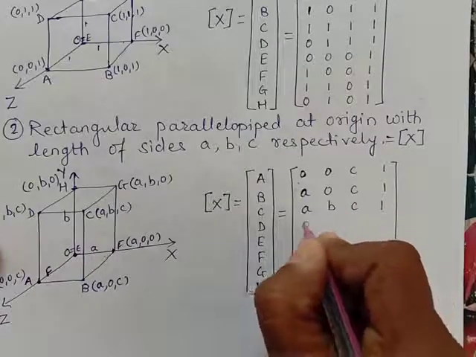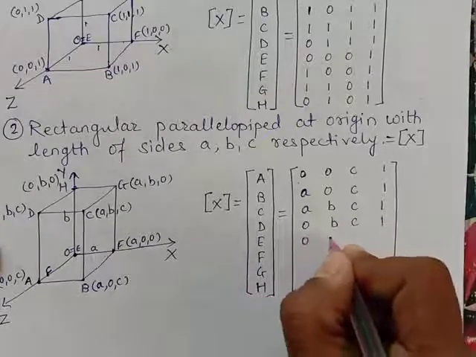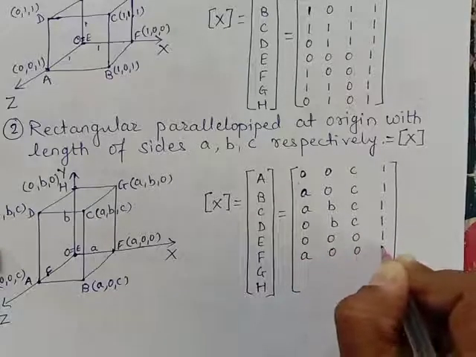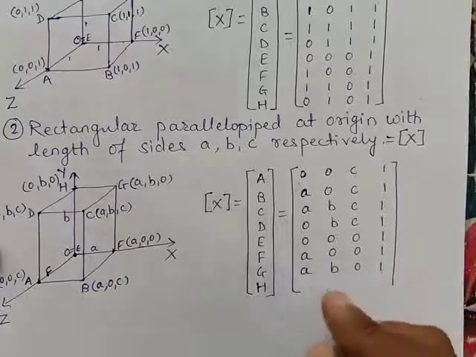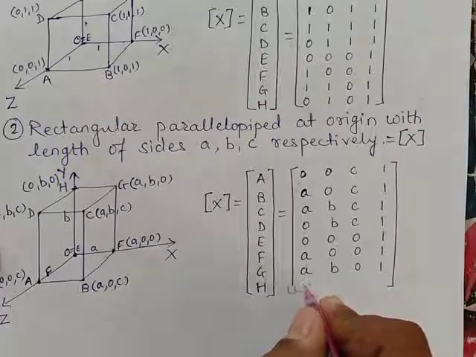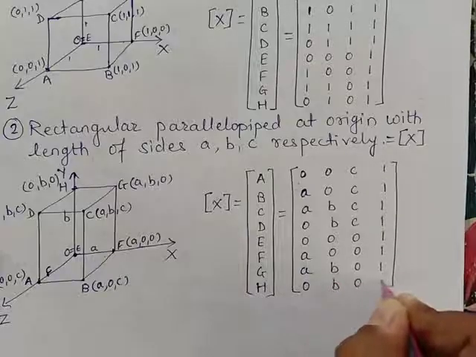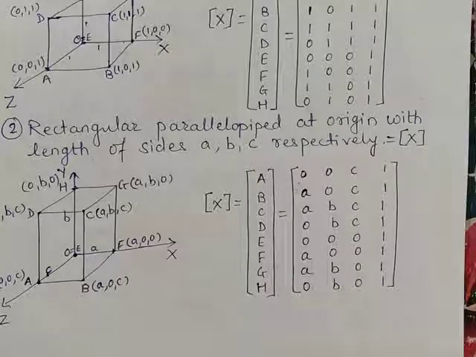D, 0, B, C, 1. E is origin. F, A, 0, 0, 1. G, A, B, 0, 1. And then H, 0, B, 0, 1. As such, we can write the rectangular parallelepiped at origin with length of sides A, B and C respectively.